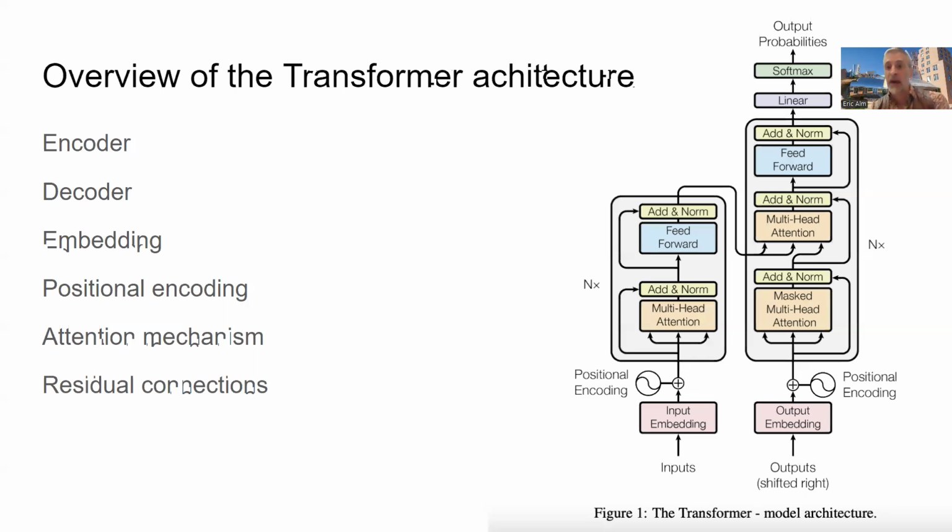The encoder is basically that vertical column on the left-hand side where you see the inputs going in. The output from the encoder is the output coming out of that last layer. When you see that box that says Nx, that just means that block is repeated N times.